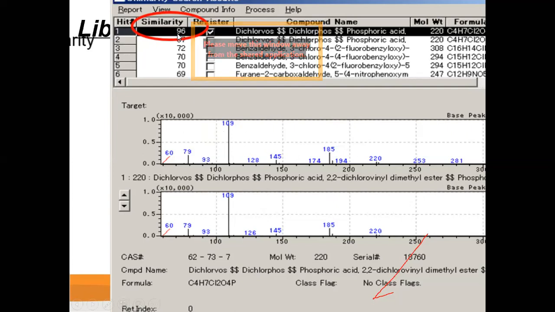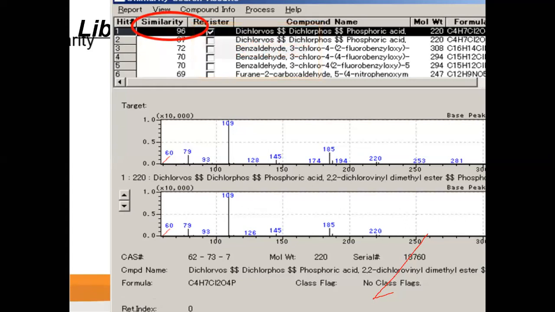The reason for not having 100% similarity is that you can see the height of 185 here and 185 over here has a little bit of difference, maybe because of environment or slightly different conditions. That's why it is showing 96%. So always remember, first it checks the molecular weight. The second thing, it checks the intensity ratio of each mass. And accordingly, it gives you the percentage.